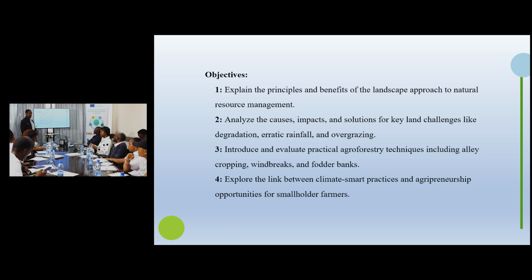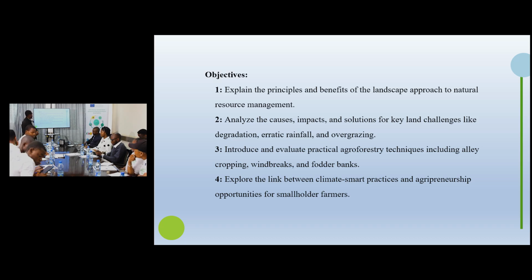So the objectives of this are actually a number of them. One is to benefit from the landscape approach to natural resource management. We need to manage our resources in terms of crops, plants, forests, and soils. Those are our resources.